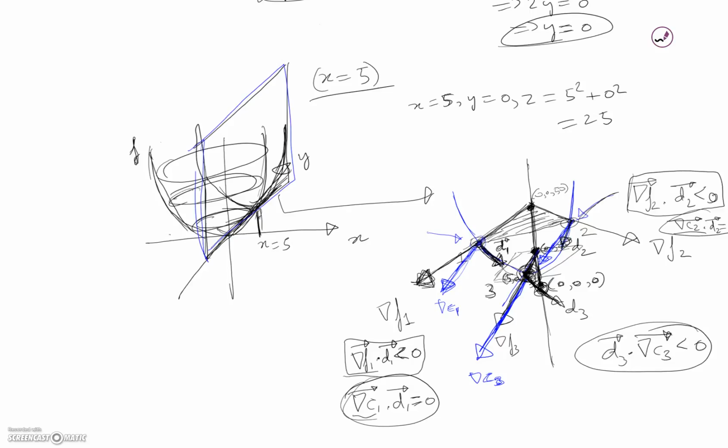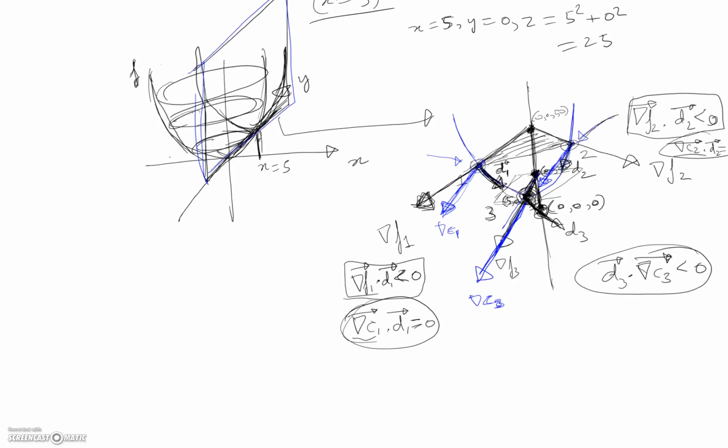So you end up violating the constraint. And that's the reason that point 3 is as low as we can make f. You can't make it any lower than 25. If you want to make it any lower, you're moving in a direction that is not perpendicular to del c, and hence you're violating the constraint.